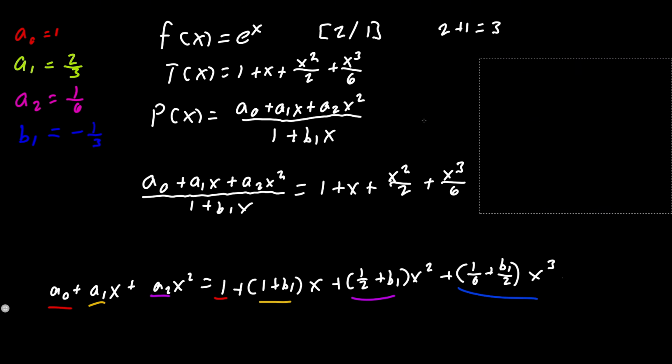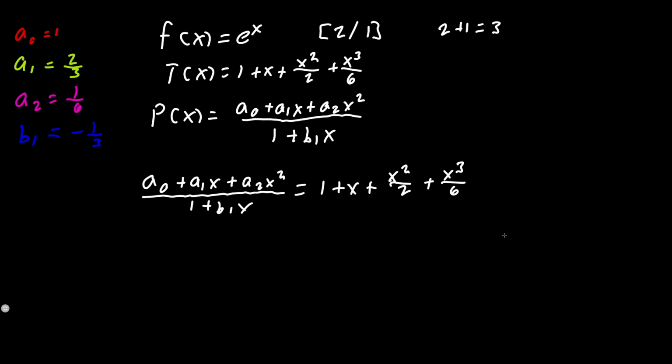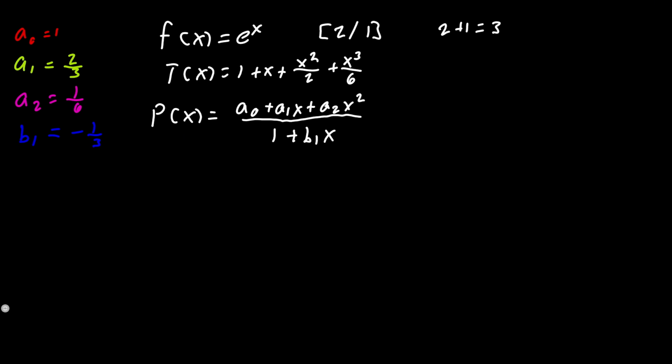So we could finally make our Pade approximation. And we could say that by replacing everything that we have, a0, a1, and a2, and b1 as well, we're going to have that the denominator is 1 minus 1/3 times x. And a1 is 2/3, and a0 is 1, and a2 is equal to 1/6.